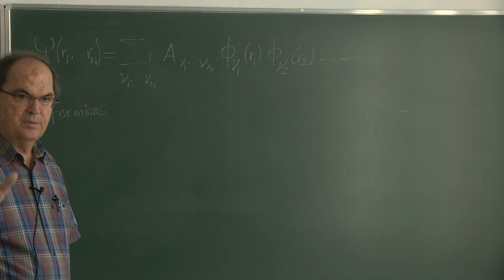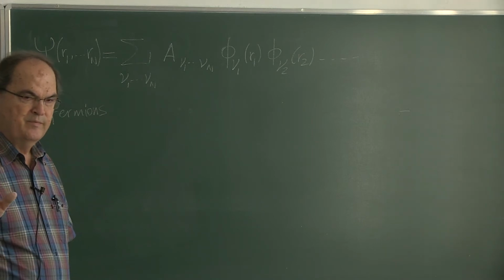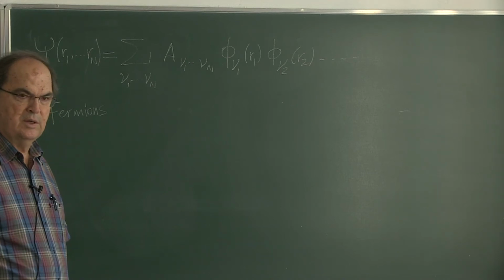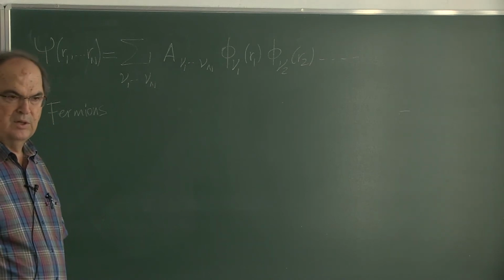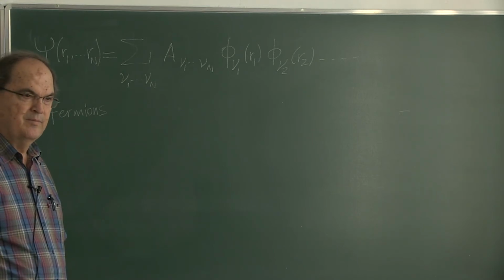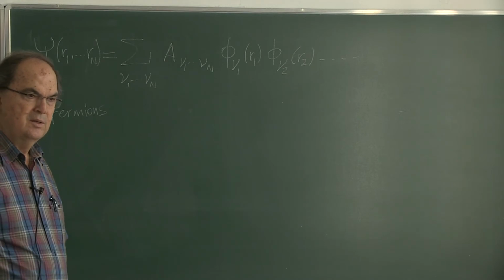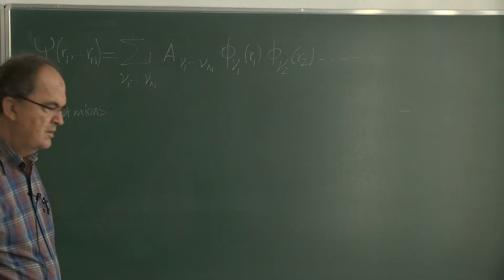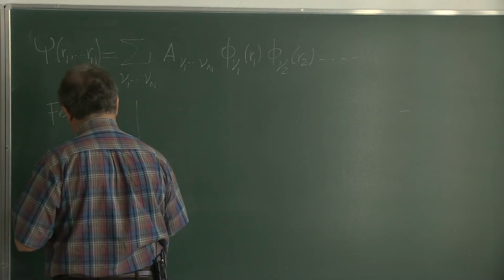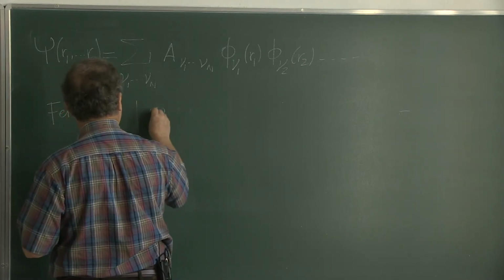Determinants have this property, isn't it? If you have two columns of a determinant exactly equal, you have zero. And if you interchange the columns, you get minus the initial wave function. So for fermions, here's the way we write them.